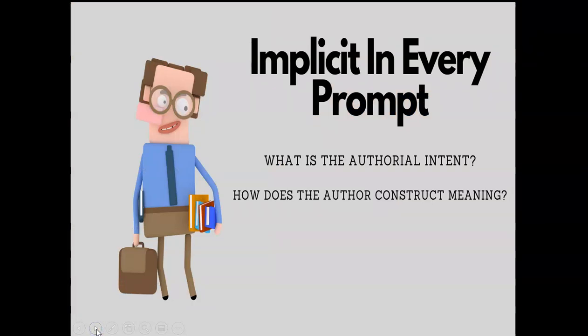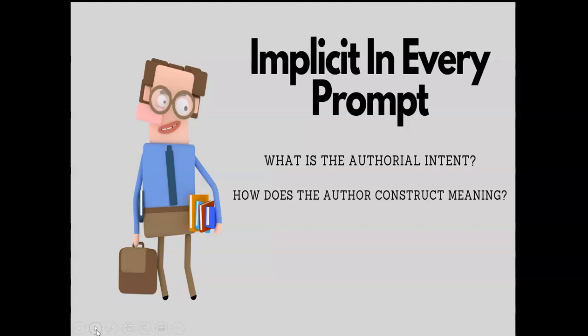And this is a slide that may look familiar. So I contend that in every prompt, especially on the AP Lit exam, in particular FRQ2, so the Yellow Wallpaper, this writing workshop closely approximates the skill set of FRQ2. So implicit in those prompts are 2 questions.